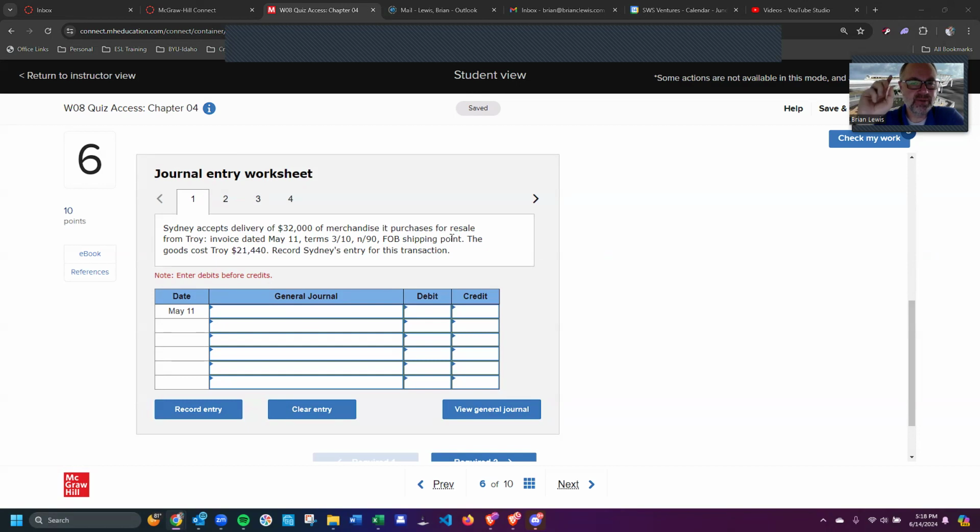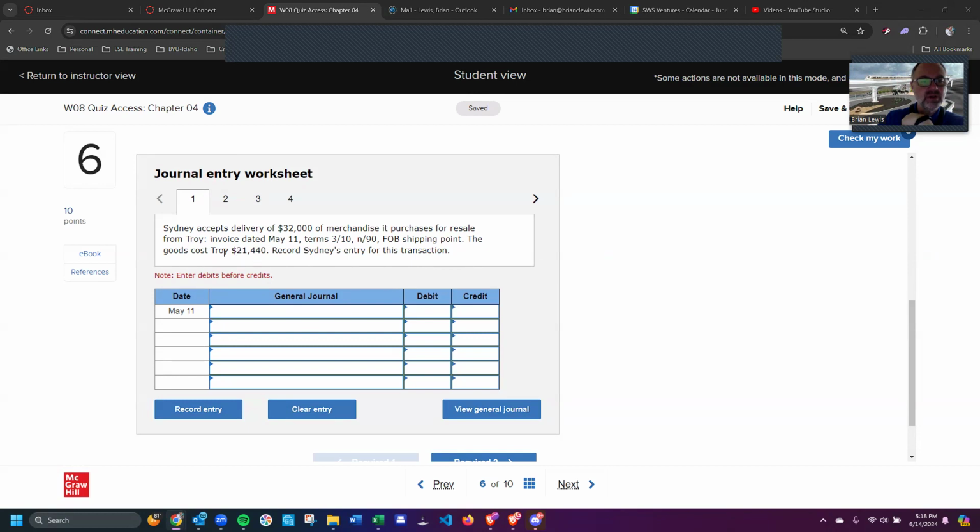That means that effectively Sydney accepted ownership of the merchandise the minute it was sent from Troy, from their dock. The goods cost Troy $21,440. Record Sydney's entry for this transaction.